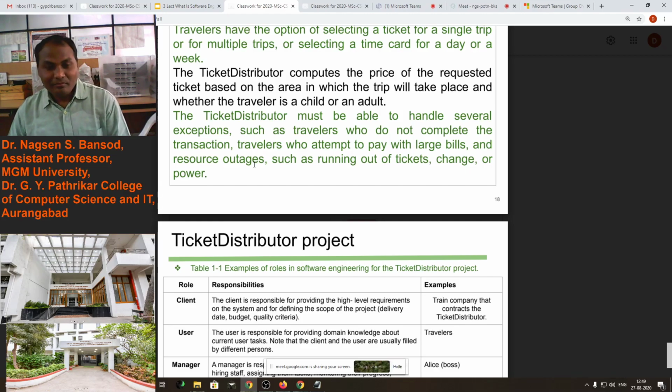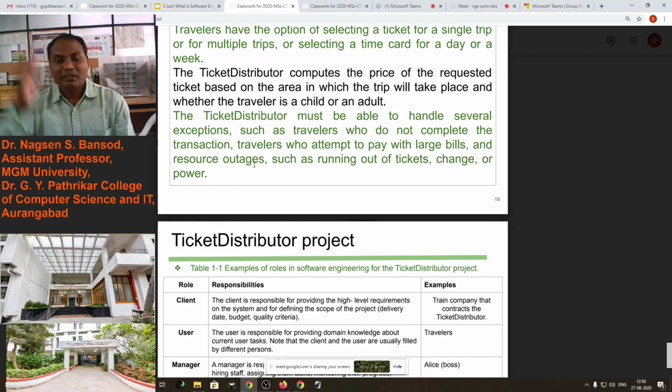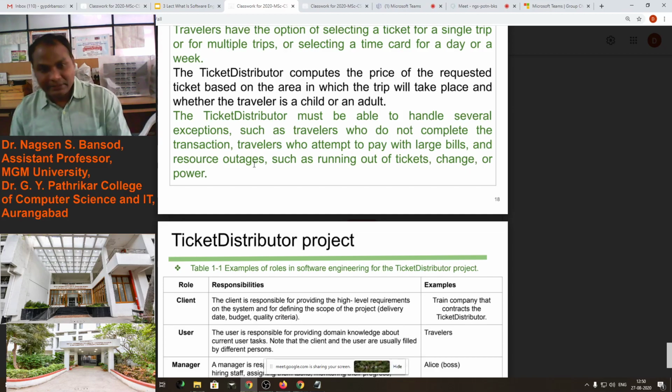Then the conductor or ticket distributor will ask, okay, at which spot will your destination be, like Sidco bus stand or Central bus stand. If he forgets to ask the passenger whether he is going to Central bus stand or Sidco bus stand, then there may be a problem.